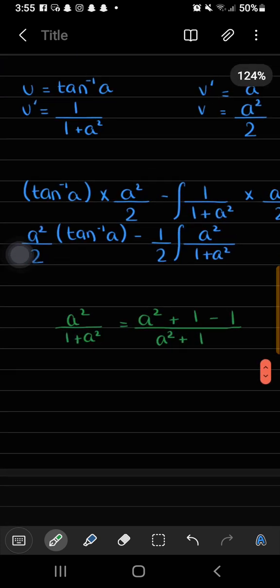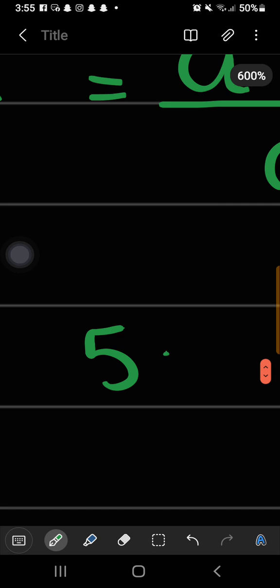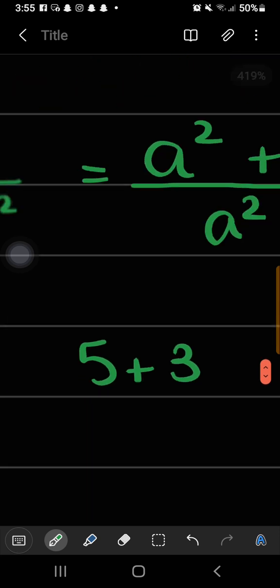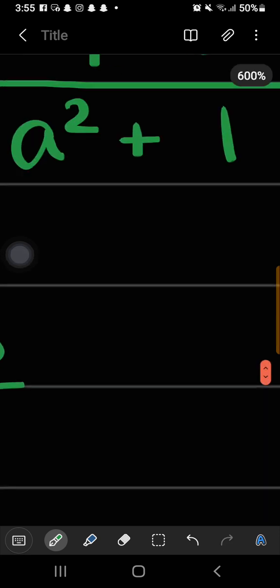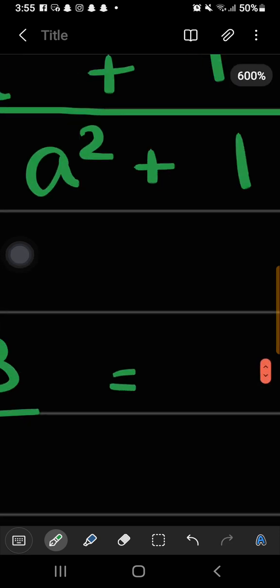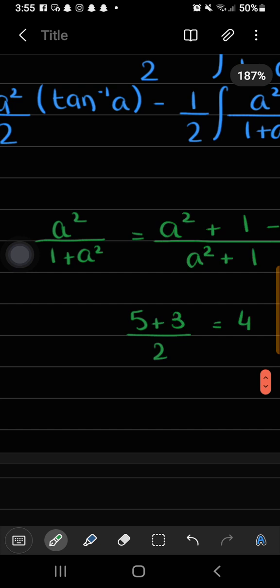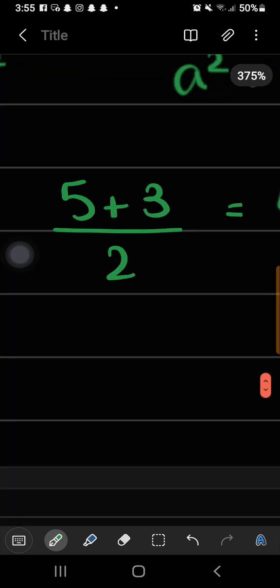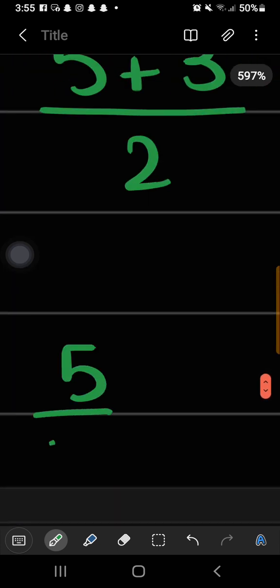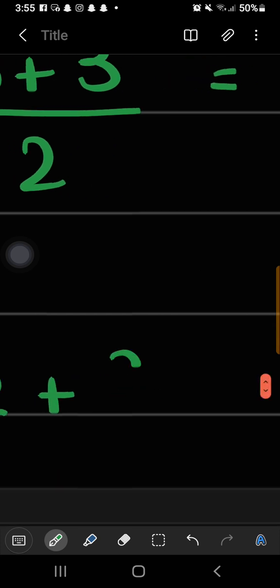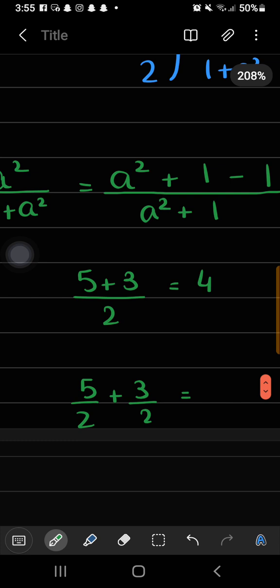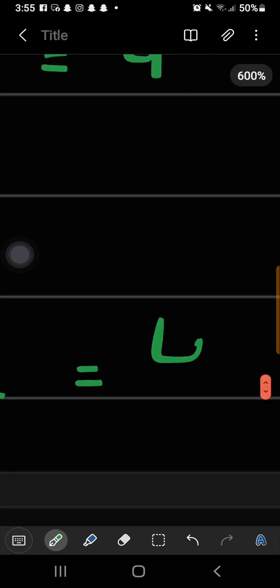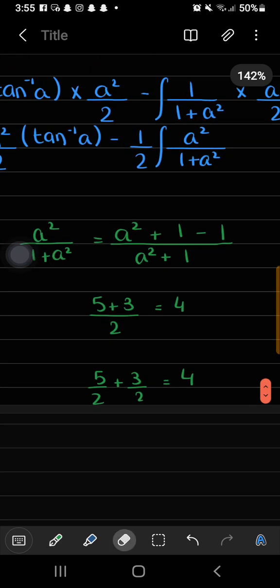Now let me tell you, if we write 5 upon 2 plus 3 upon 2, it is equal to 8 upon 2, which is 4. And what if I write 2.5 plus 1.5? It will also be 4.